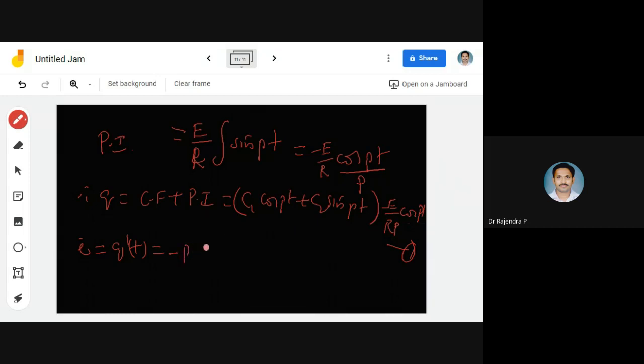Minus P C1 sin Pt plus P C2 cos Pt. Here the differentiation for this is minus into minus, plus. Cos Pt is there, right? Plus E by R sin Pt, E by RP sin Pt.